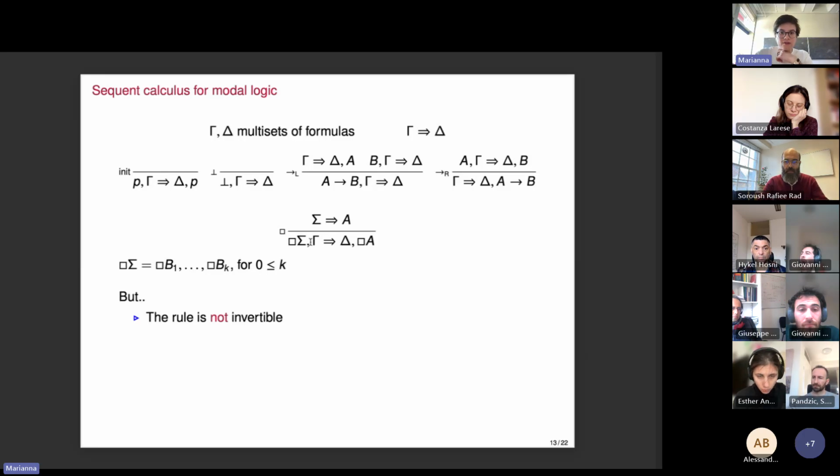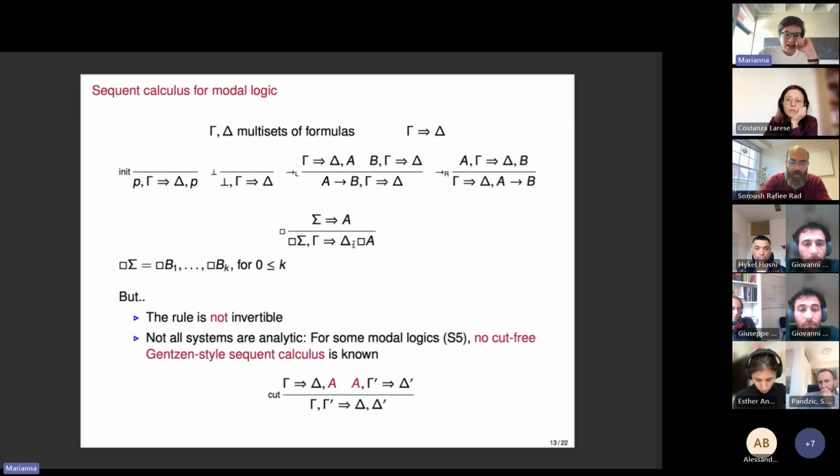Okay, so first, the rule is not invertible. The gamma and the delta I lose when I go to the premises. And even more importantly, not all the proof systems that you can define in this way are going to be analytic. And specifically, for instance, for modal logic S5, which is relatively simple and very well known, there is no known cut-free Gentzen sequent calculus.